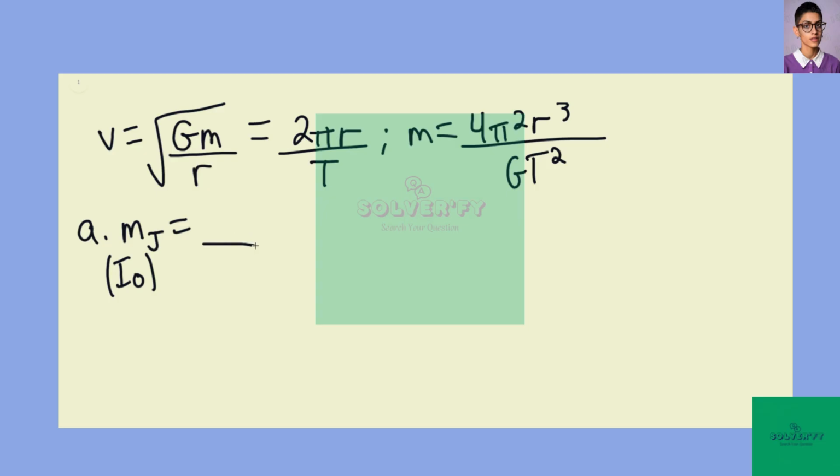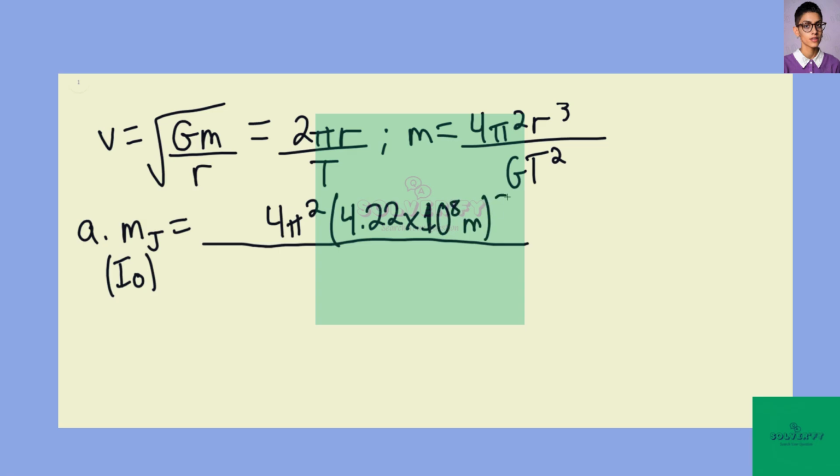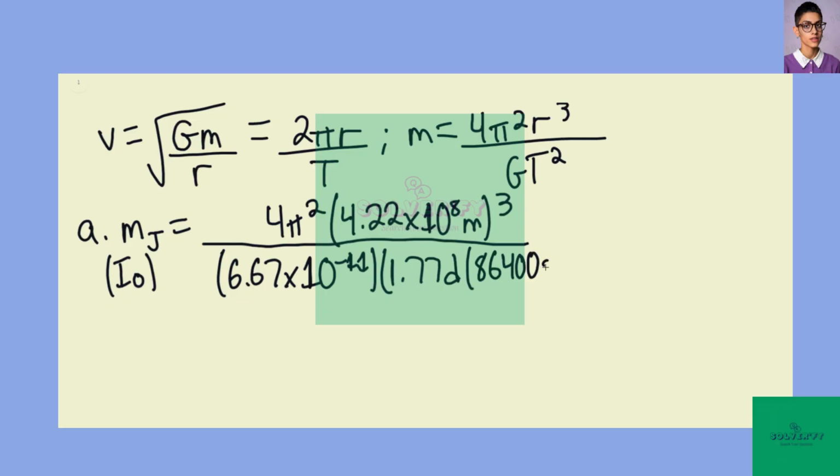So here, for part A, it'll be 4 pi squared times the distance between the center of Jupiter and the center of Io. So that'd be 4.22 times 10 to the 8th meters cubed, and then divided by the gravitational constant, 6.67 times 10 to the negative 11th, and then times the period, so 1.77 days times 86,400 seconds per day, quantity squared.